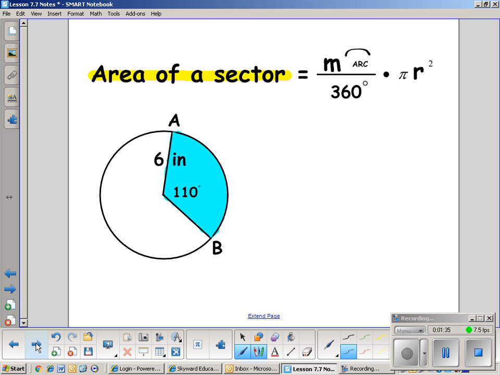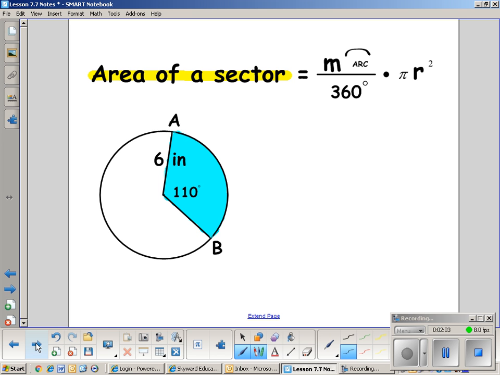Now, area of a sector. So we're talking about the shaded sector of this circle. Again, there's no great symbol for an arc, and so I just write it this way so you know that you're going to put a number there that represents the measure of the arc we're talking about.